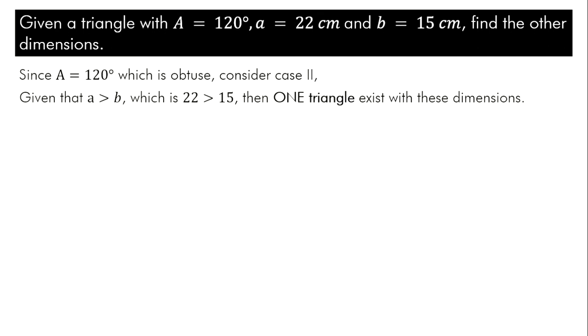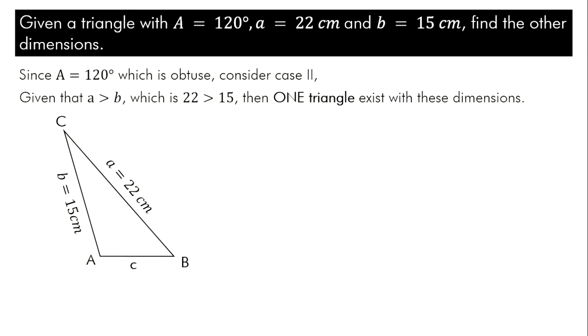So from that, let's illustrate. Let's say this is triangle ABC, and then we have side a, which is 22 centimeters, side b, which is 15 centimeters, and angle A is 120 degrees. For us to identify angle B and angle C, again, let's use the concept of the law of sines. For B, since we have the given angle A and side a, and we have side b, then we can obtain angle B by this.